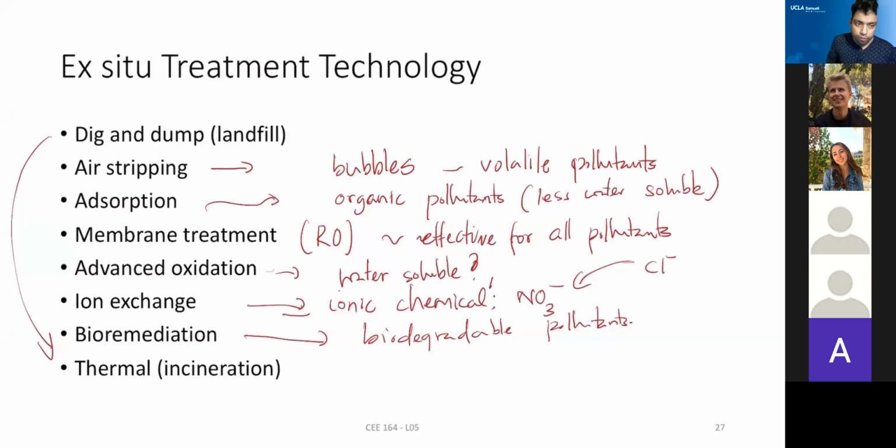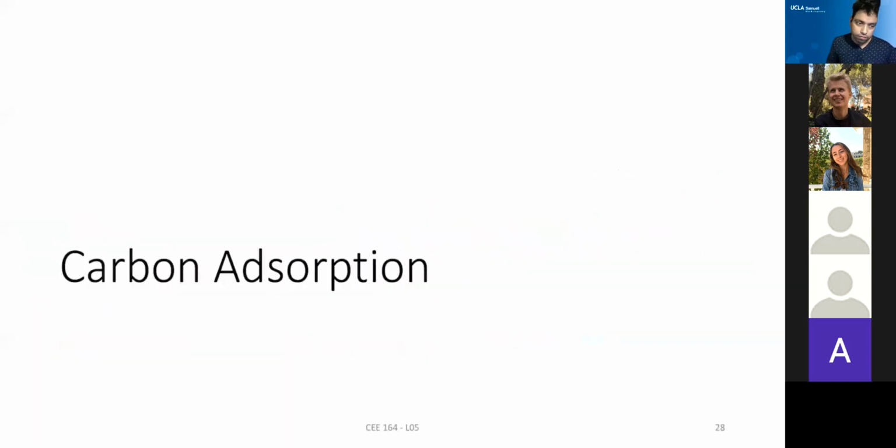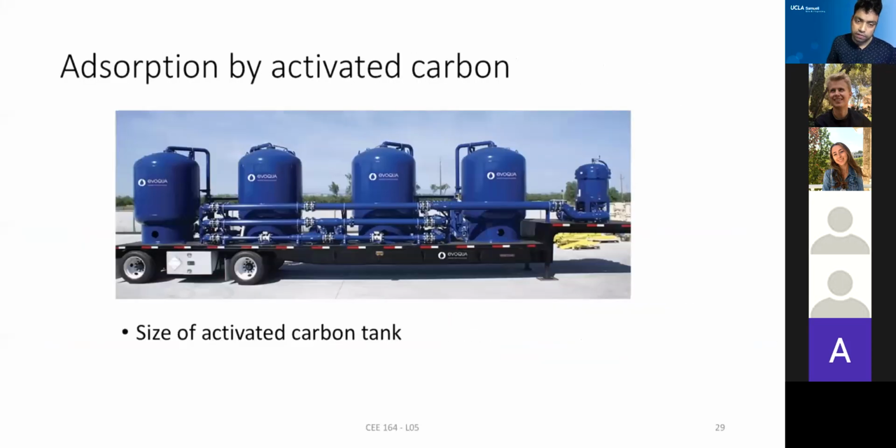So before the break, we discussed different Ex-situ treatment technologies. Now I'm just going to explain a brief overview of the key treatment technologies that we are going to cover in this class. The very first one is carbon adsorption. You pack activated carbon, either in powder or granular form, mostly granular, inside this blue tank.